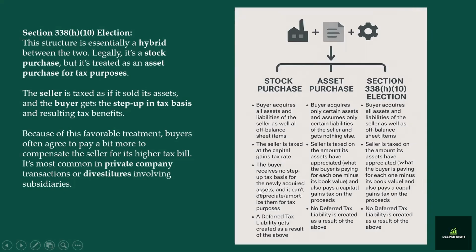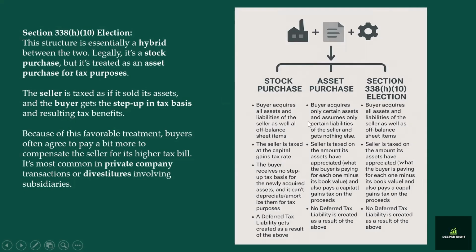An analogy to understand this: imagine you're buying a company by buying all its shares. You legally own it, but the tax authorities let you pretend you bought all its assets separately so you can get a better tax treatment.